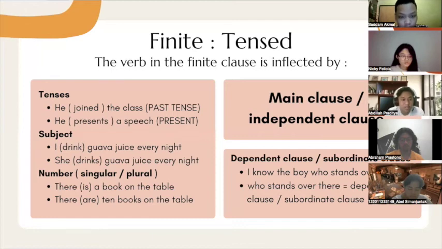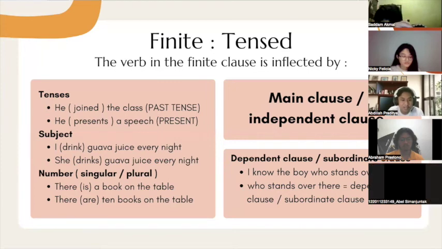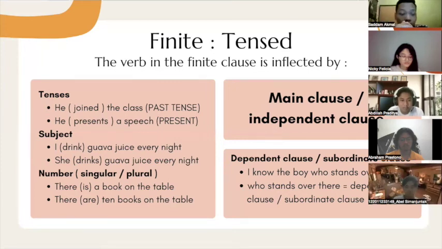If the object only has one, use is. But if it has more than one, you use are. That is the distinction. So the verb in the finite clause is influenced by tense, subject, and number.